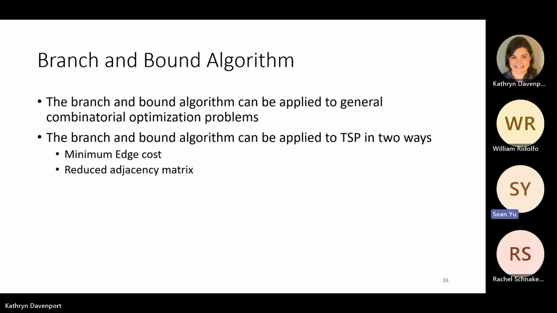And another way is to, instead of using a list of edges, use a reduced adjacency matrix. But for the interest of time, I won't go into much detail on how this is calculated. Just know that it's some sort of intermediate matrix that represents the cost of traveling using the smallest edges.